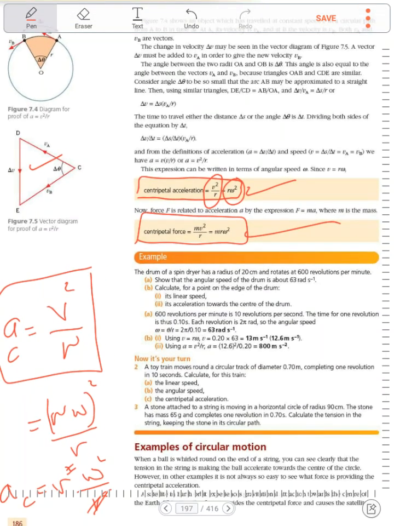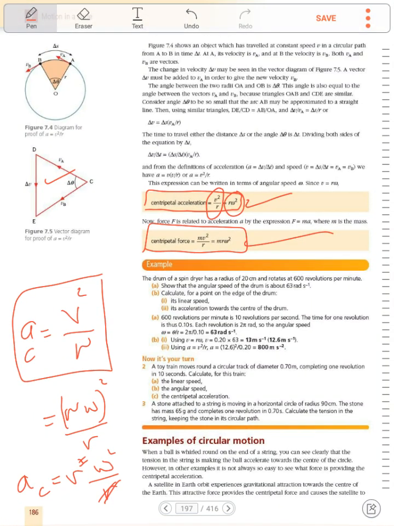We have many examples of circular motion. When a ball is whirled round on the end of a string, you can see clearly that the tension in the string makes the ball accelerate toward the center of the circle. However, in other examples, it is not always so easy to see what force is providing the centripetal acceleration.